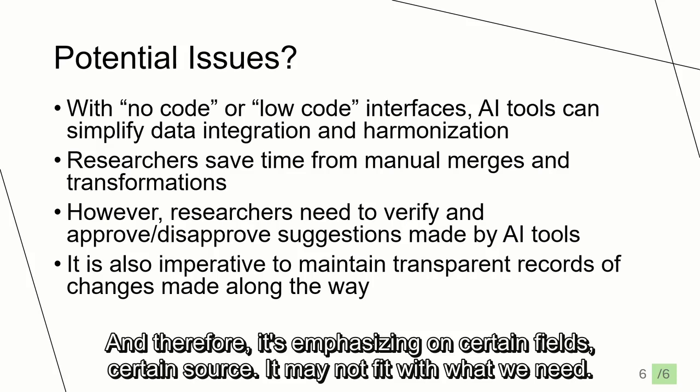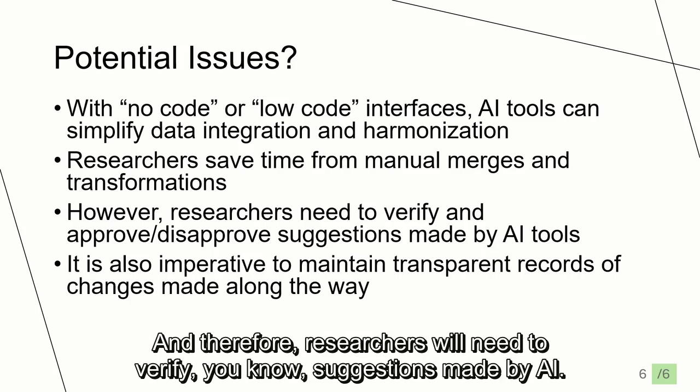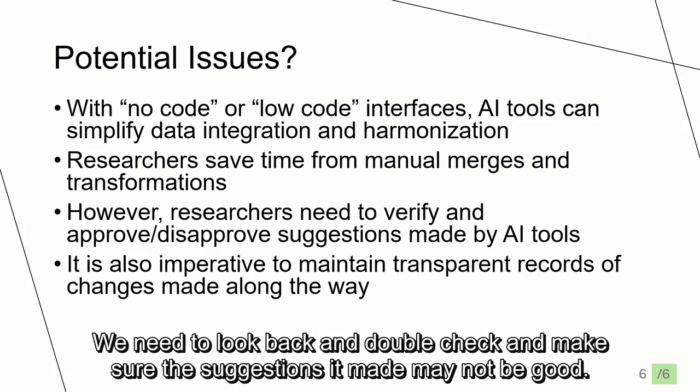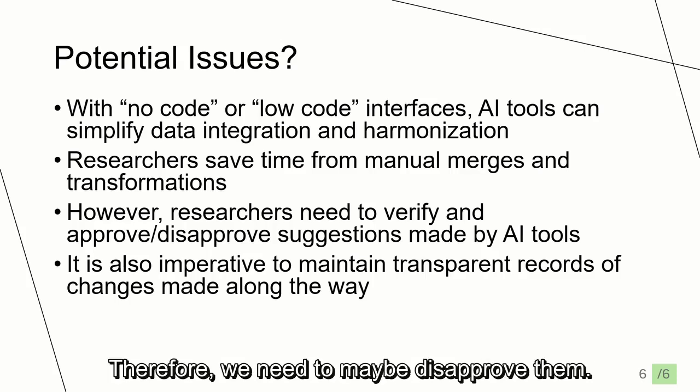It may not fit with what we need, so researchers need to verify suggestions made by AI. We don't just approve everything. Sometimes we need to look back, double check, and maybe disapprove them.